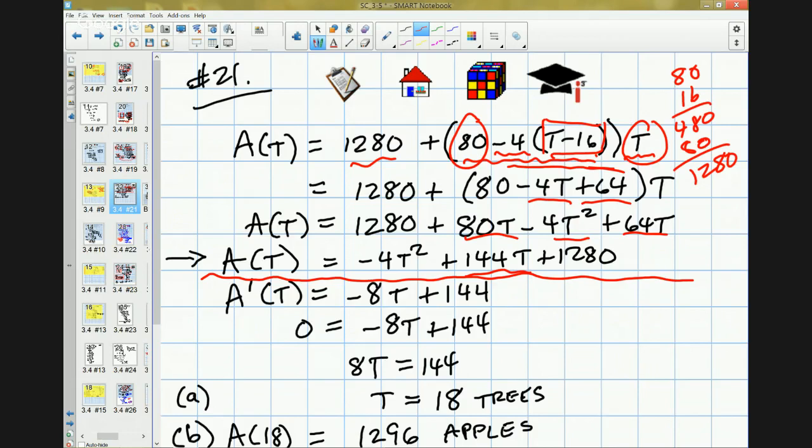Part B, the second question is, what is the maximum yield? So in other words, once you do plant 18 more trees, what will the yield be? And so that's just your original function, the one with the arrow right here, at 18. And when you plug that in and crank it out, you come up with 1,296 apples.